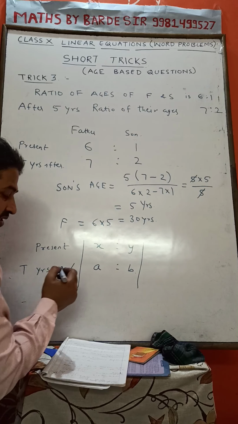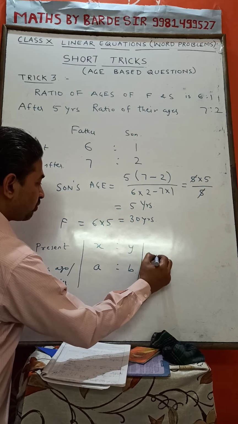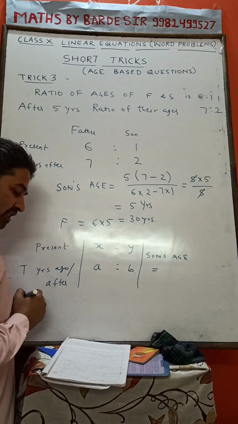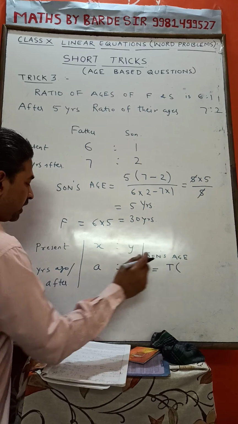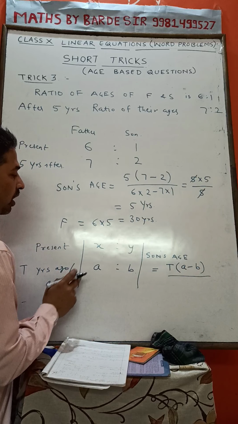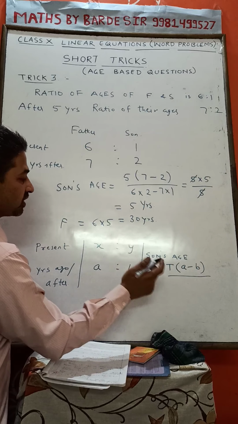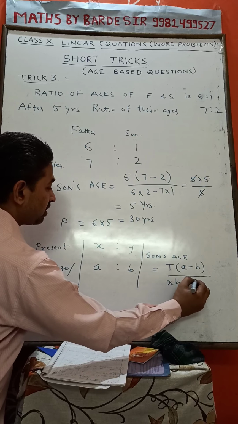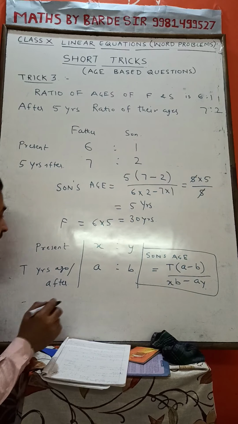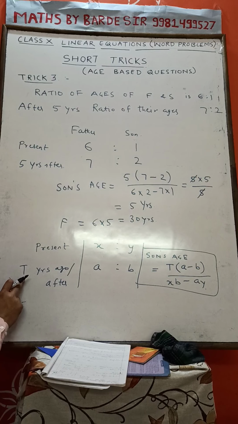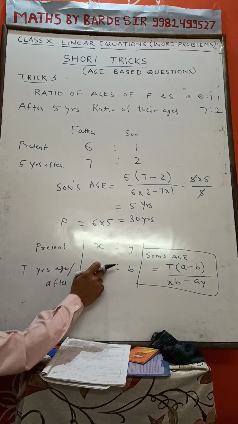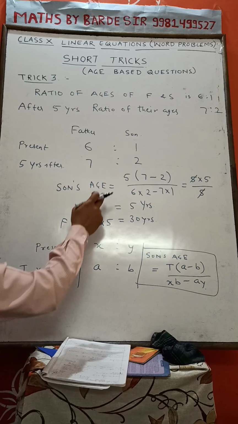So according to this, the formula for son's age is T into a minus b upon cross multiplication of this one, xb minus ay. That's what we have done here.